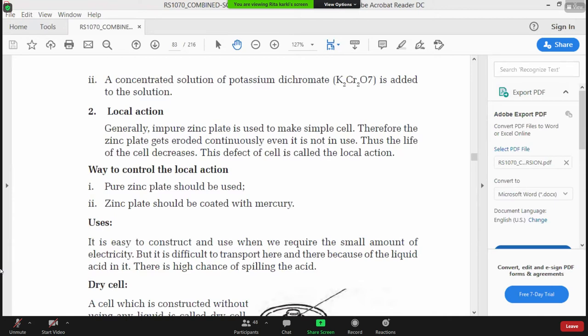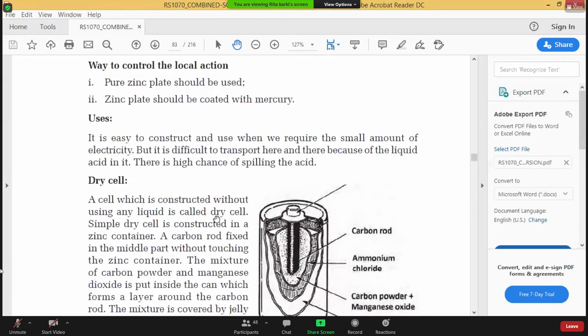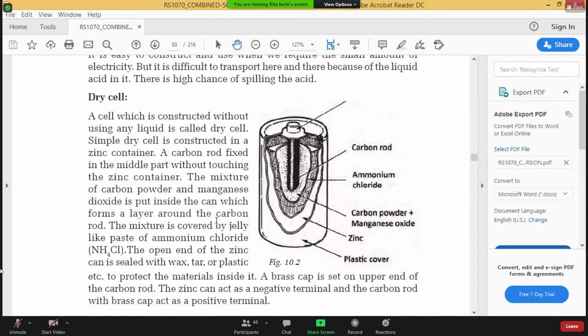So instead of any type of liquid being used, what does the dry cell comprise of? What is a dry cell made of? Battery. Okay.